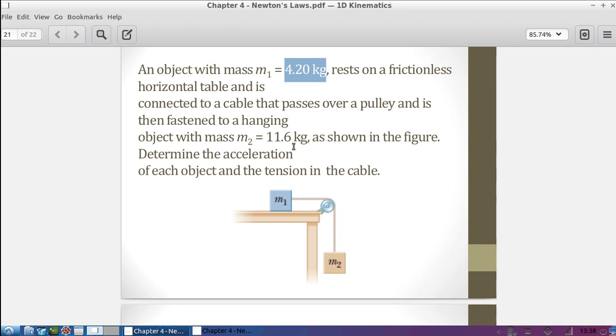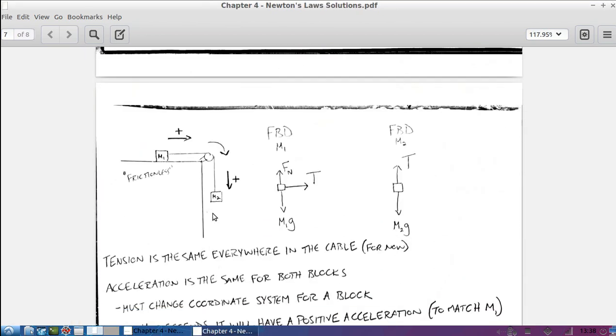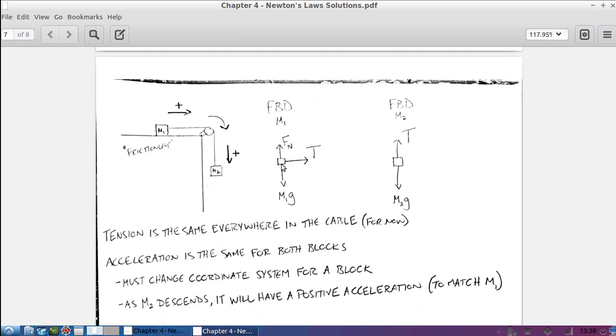So we want the acceleration of each object and the tension in the cable. For now, the tension is the same everywhere in this cable, so I'm just looking for one T. I'm going to draw a free body diagram for M1 and a free body diagram for M2. Free body diagram for M1: I've got M1g, gravity acting in the negative y, and the normal force acting in the positive y.